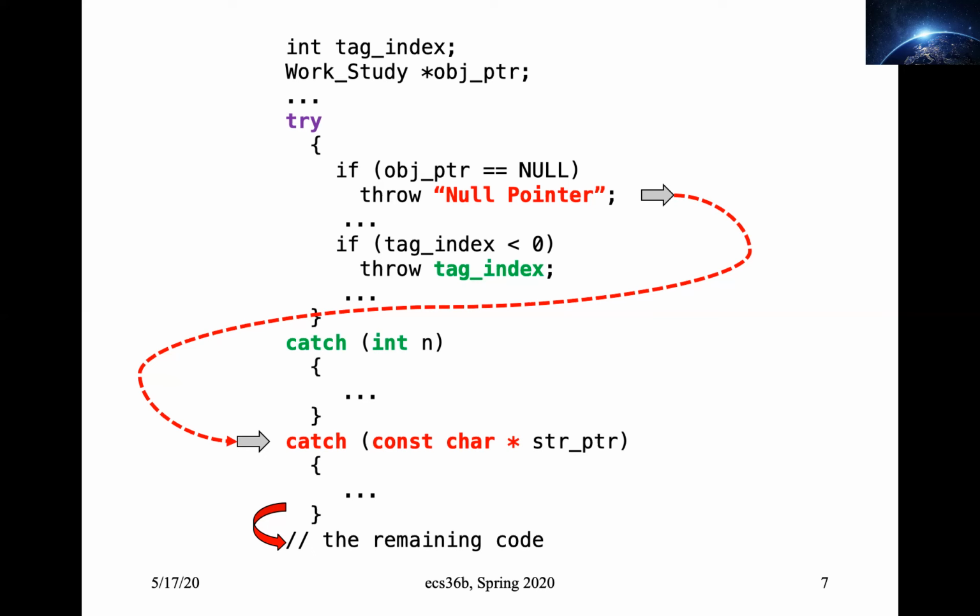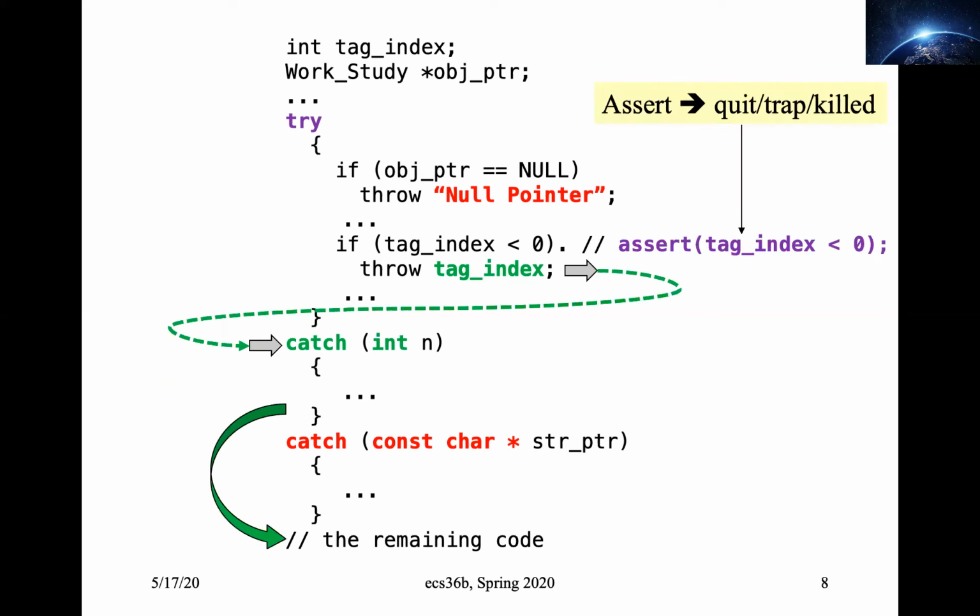Similarly, if you trigger this one, say the text index is equal to this one, then of course it will trigger the first catch clause, and after the catch, it will skip the remaining catch blocks you might have there and start again from the same place.